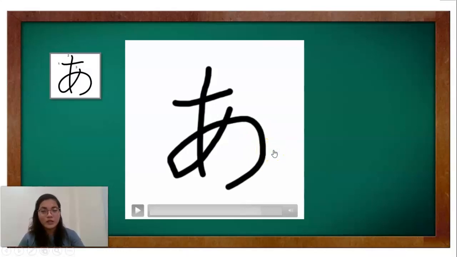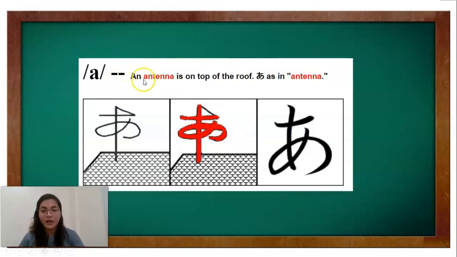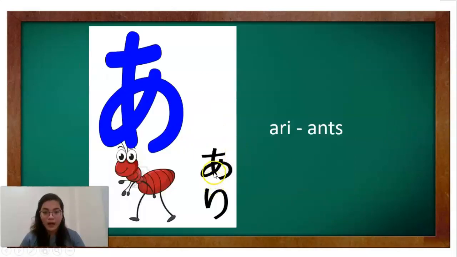To easily remember this Hiragana character, think of an antenna on top of the roof. So A as in antenna. Okay, here's an example word that starts with A. Ari. Ari means ants.